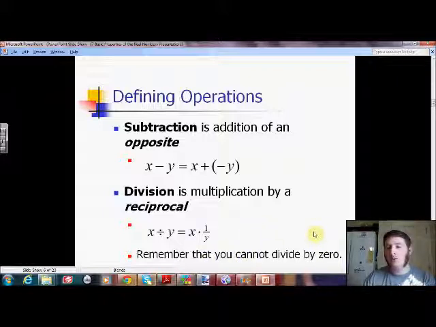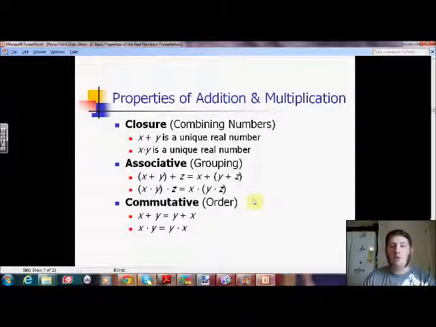That was in one of our previous lessons. We do this so that we don't have to talk about properties of subtraction or properties of division. By defining subtraction as really being addition and division as really being multiplication, you can just worry about properties of addition and multiplication, and you get subtraction and division for free.